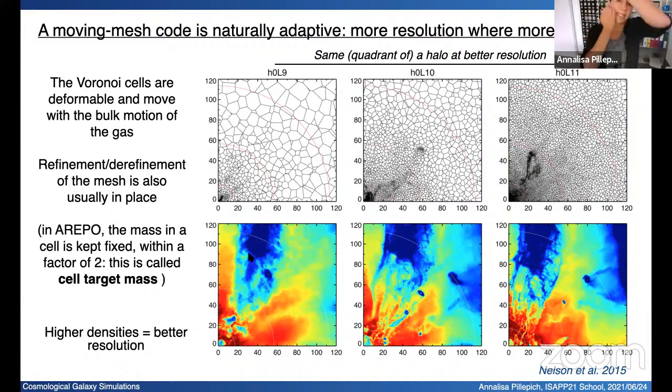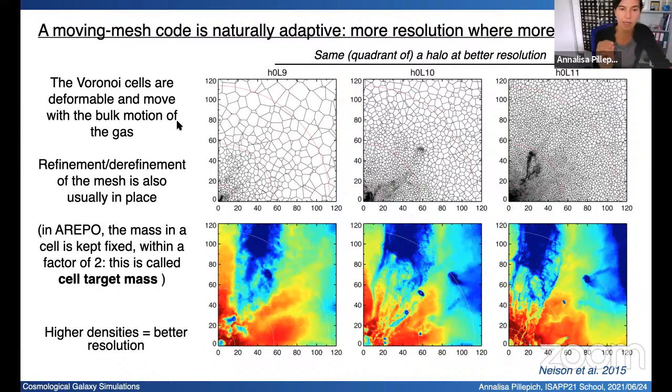I want to give you more ideas about this moving mesh code Arepo. As I said, the Voronoi cells are deformable and move with the bulk motion of the gas, but also in our codes, we typically allow the mesh to be refined or derefined. So typically in our simulations with the code Arepo, we ask for the cell always to represent a similar mass of gas.